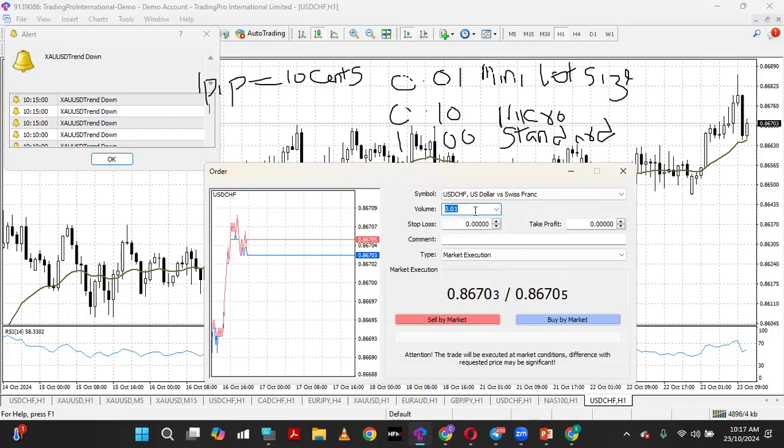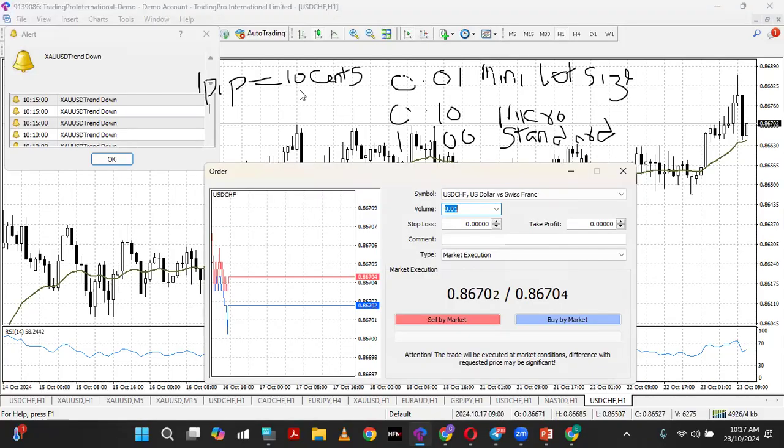So 0.01 is mini lot size. 0.01 is mini lot size. So on a 0.01 volume, 1 pip is equal to 10 cents. Are we all on the same page? Because the volume is very important, because a mistake here can wreck your account.